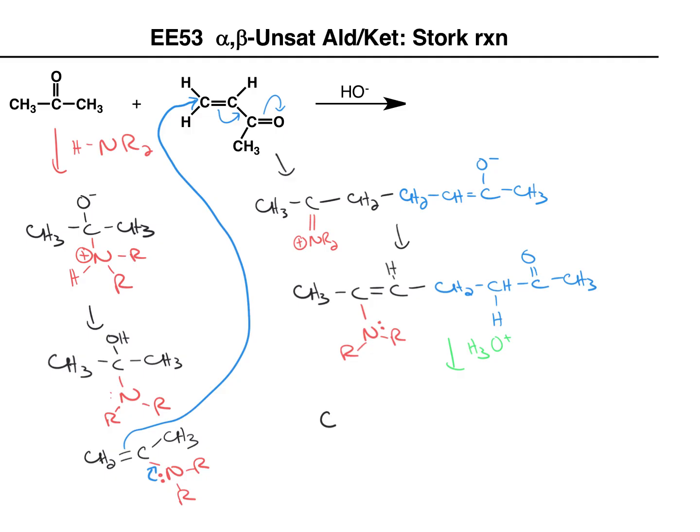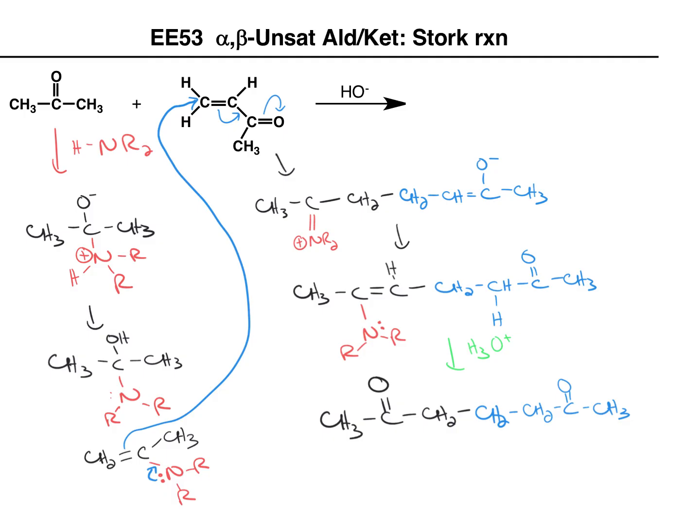So we get the CH3 connected to the C, which is now connected to the oxygen. And then this is back to the CH2, which is connected to this CH2, this CH2, C double bond O, CH3. So notice once again, it's as if we took acetone and we put the enolate onto the alpha beta unsaturated ketone.